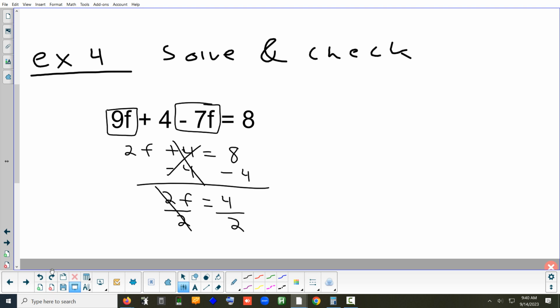Remember, if it was 0, it would wipe out the f, so it doesn't do that. 2 divided by 2 is 1f. So just f. And 4 divided by 2? 2. So we get f equals 2. Okay. Question on that?